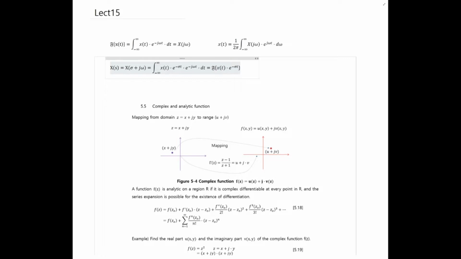Then by use of the inverse Fourier transform as shown here, we can define the inverse Laplace transform.